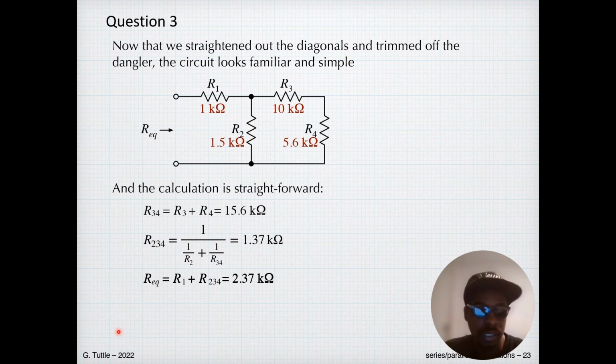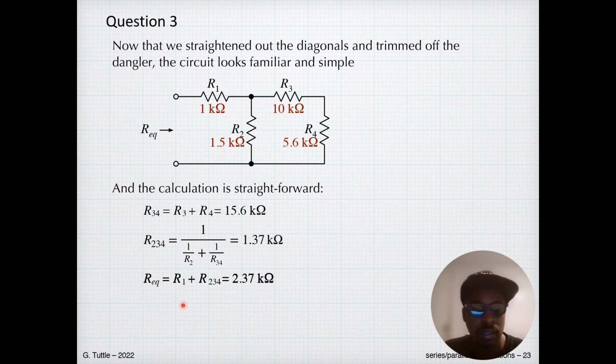Now the total resistance is this resistor R1 in series with this group in parallel. We already worked out this group in parallel, which we call R234, to be 1.37. Now we know what this group is, we can add it, because it's already in series with the single resistor here.